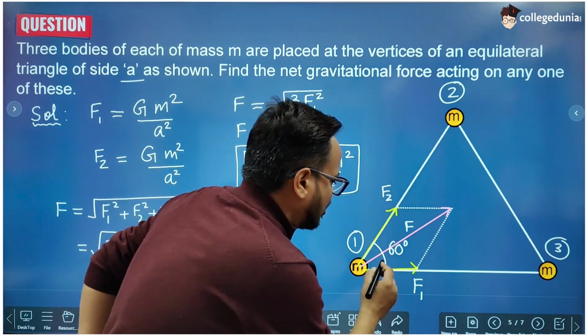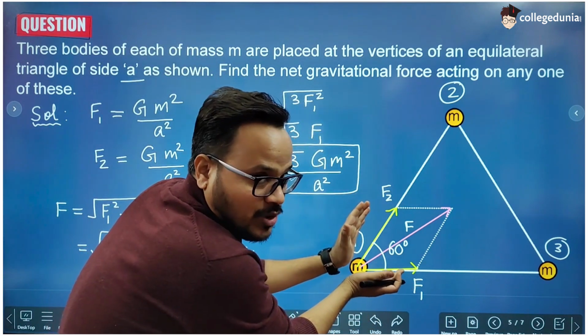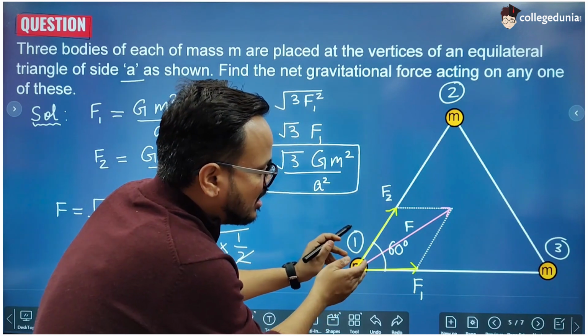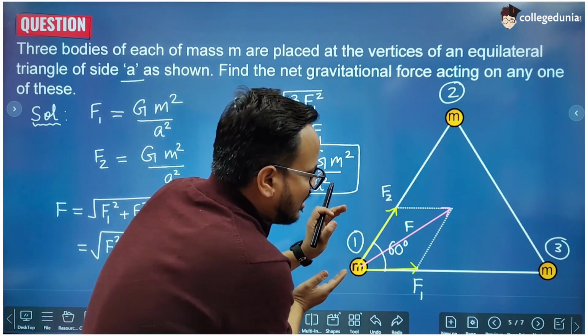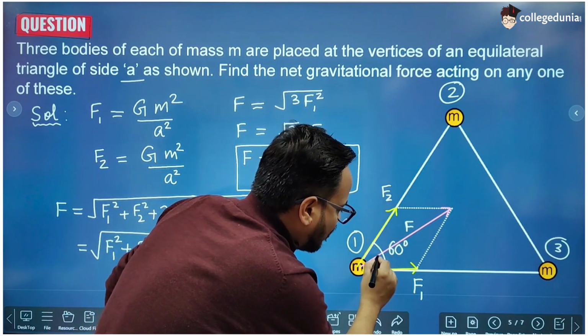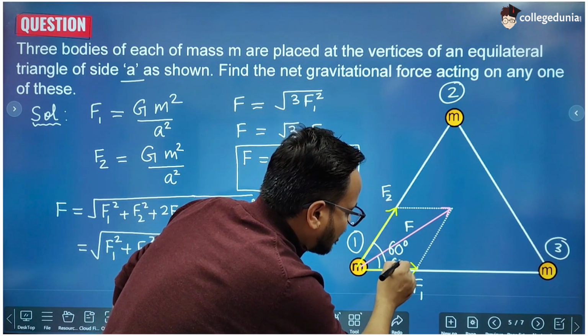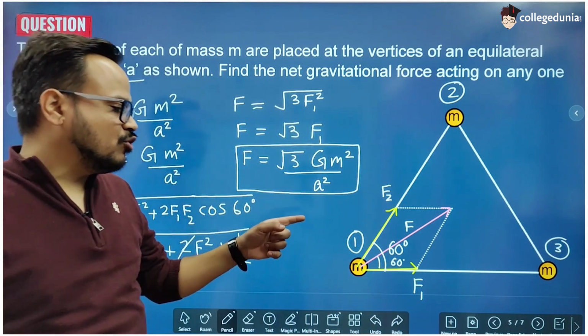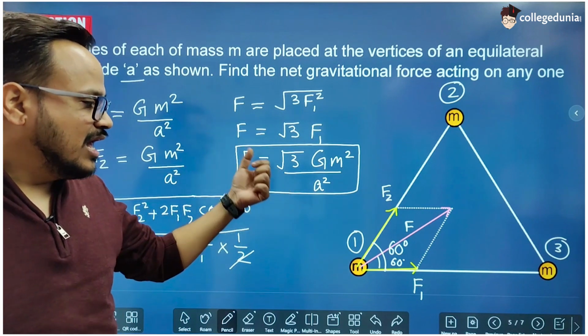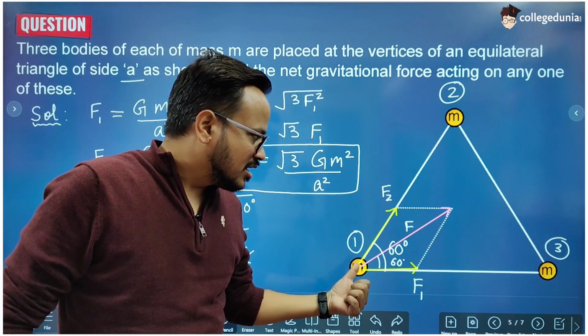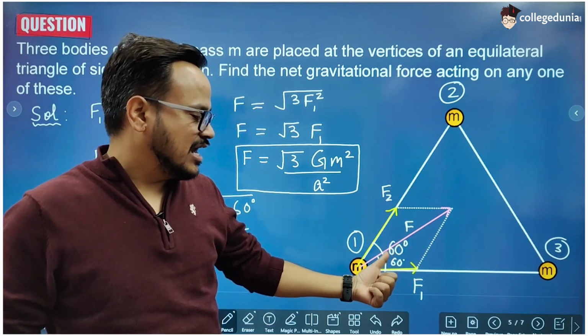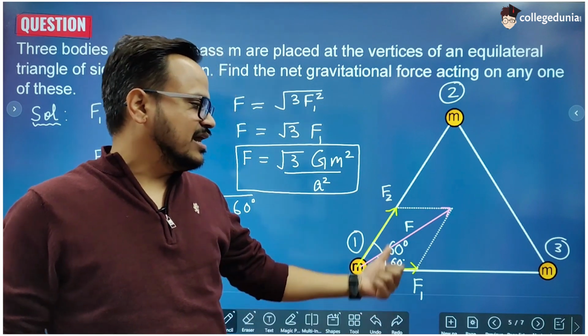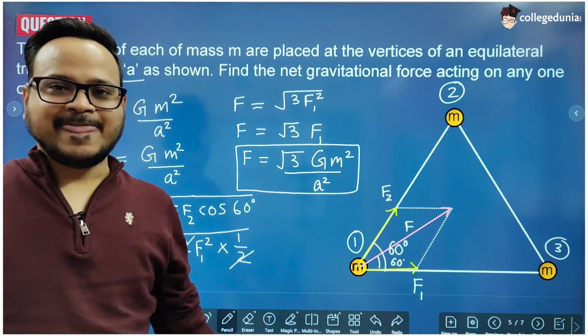And what is the direction? Since these two forces are equal, and in case of equal vectors, this resultant is exactly in the middle. So this angle must be 60 degree. So we can write the resultant force acting on M is this, and towards the direction which is making an angle of 60 degree with either F1 or F2.